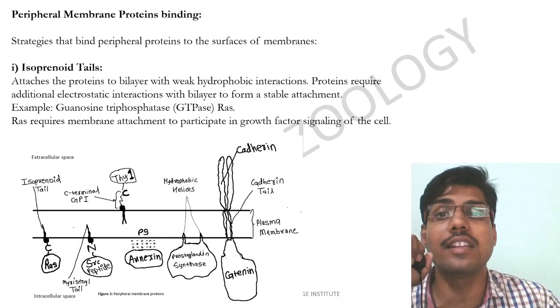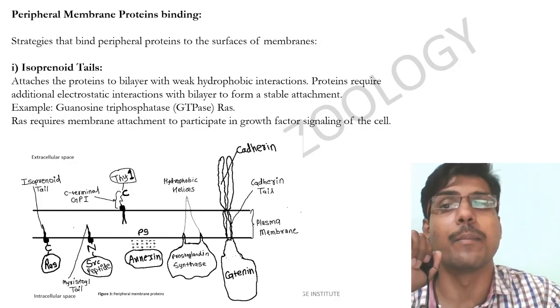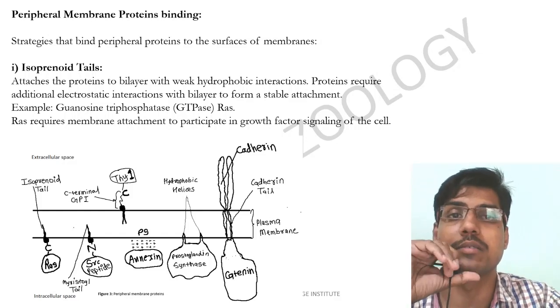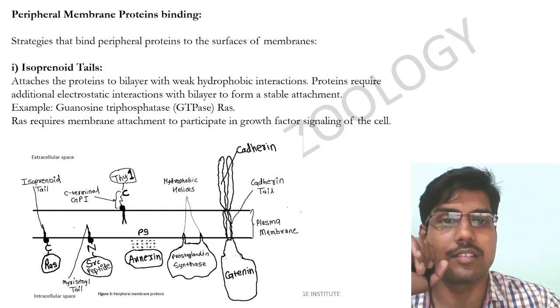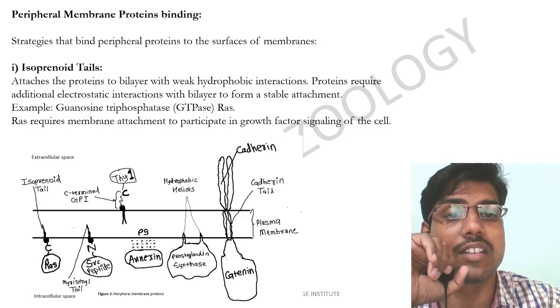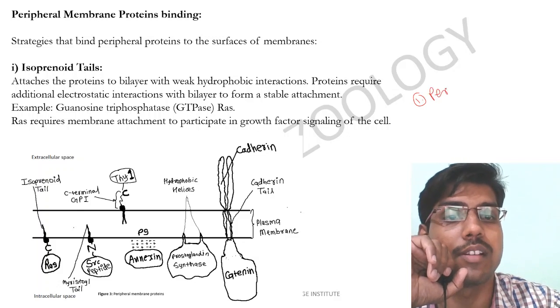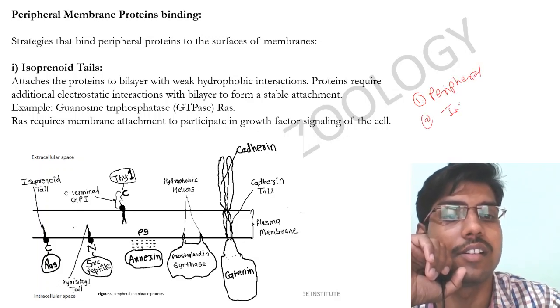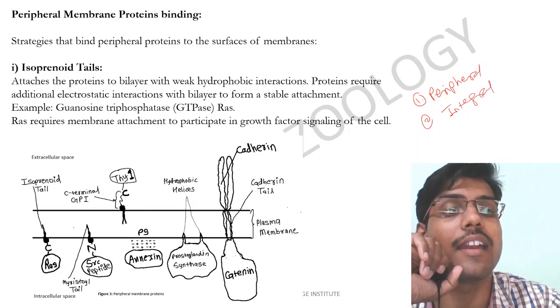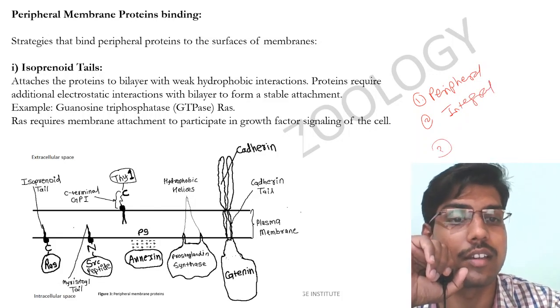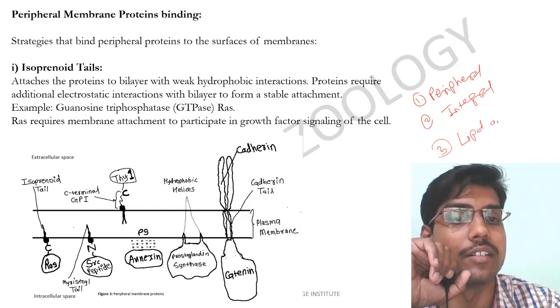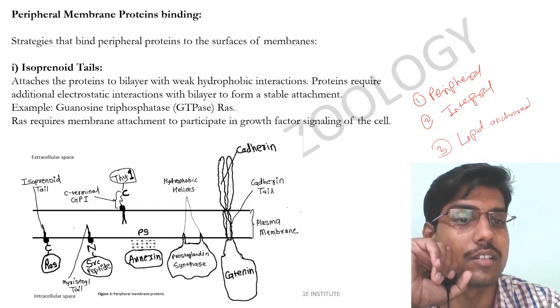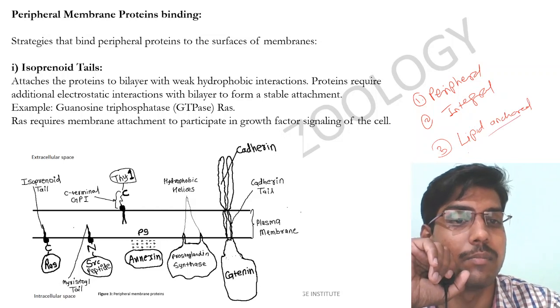Next, let's see how the peripheral membrane proteins bind with the membrane. In proteins there are three types: peripheral, integral, and in some books a third type is given, lipid anchored proteins.